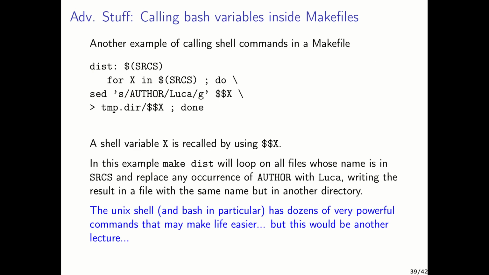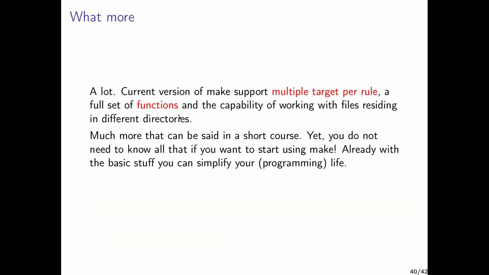This is another example. Remember that the Unix shell, and bash in particular, has dozens of very powerful commands that make life easier. So it is very useful to have the possibility of calling bash from make. What else? A lot. Multiple targets per rule.